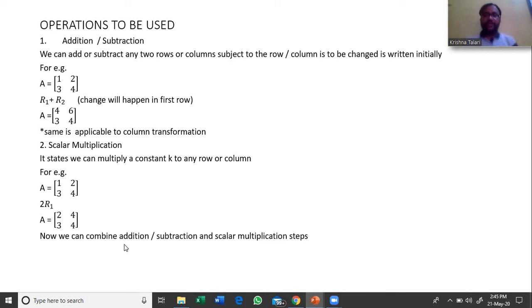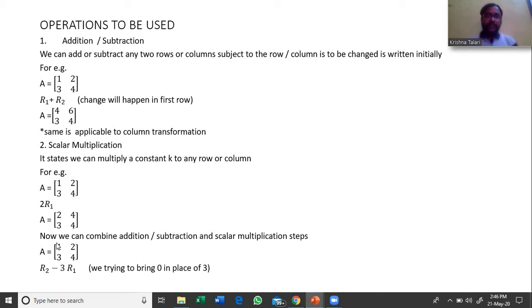Now, if you want, we can combine the addition, subtraction and scalar multiplication steps. I am having the matrix A. Now, it is R2 minus 3 times R1. See, I am trying to bring 0 in place of 3. So, 3 minus 3 would be 0. What I am doing is, I am having 3 in the second row.